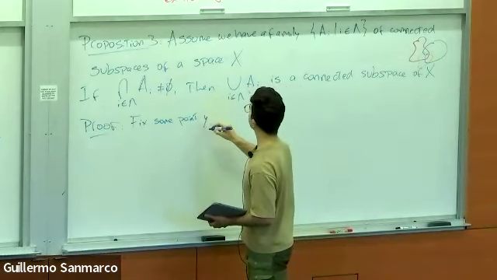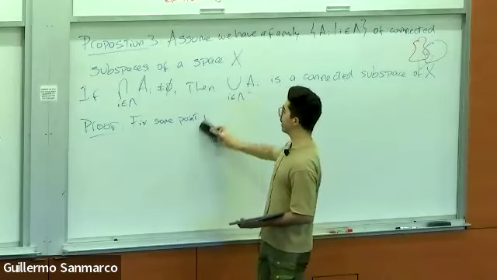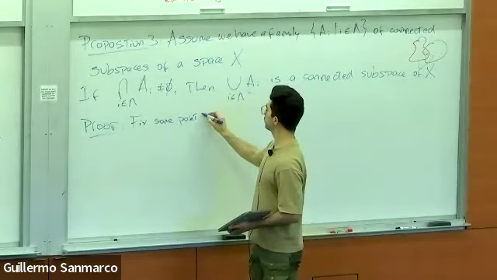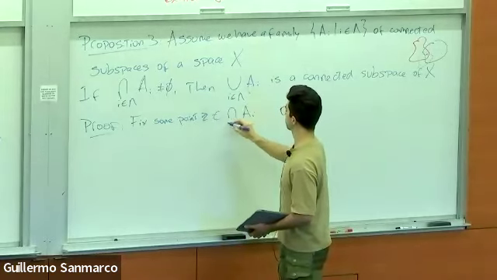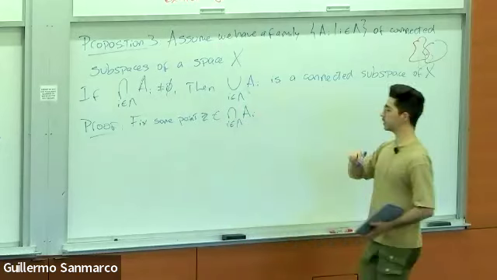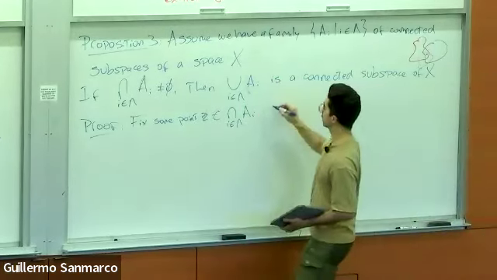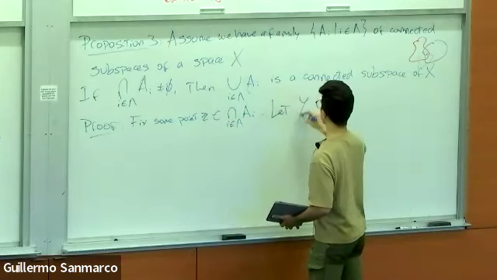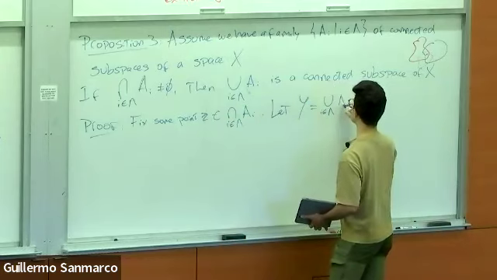Let's take some point z in the intersection, which we know exists because the intersection is non-empty. And let's call this guy Y. Let Y denote the union of these, of course with the induced topology.